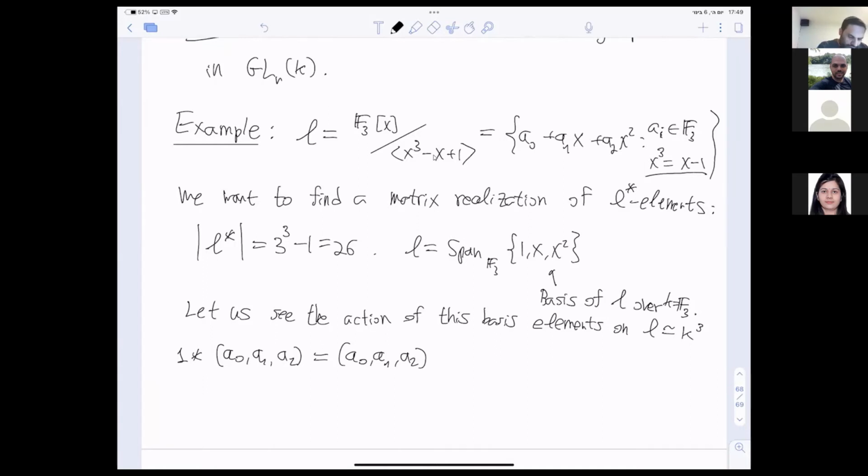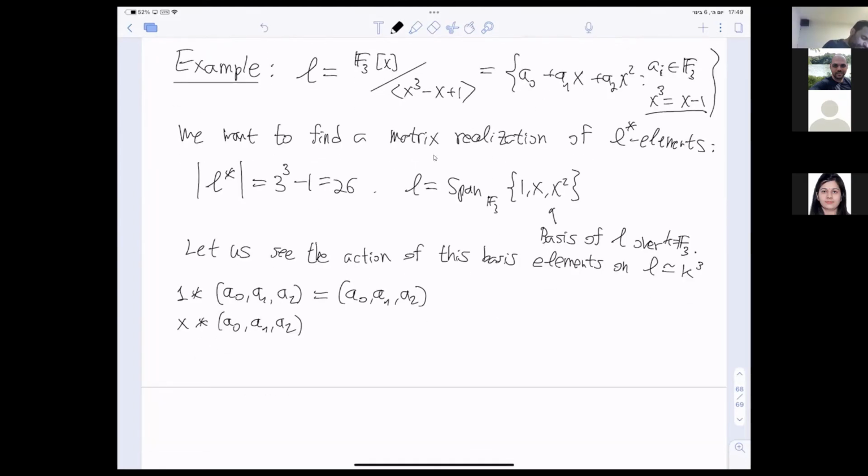Okay, so now I saw what 1 did. Now what x does. Remember that this vector represents this polynomial. So when you multiply it by x, it becomes a0x. I mean, this just increases the power.